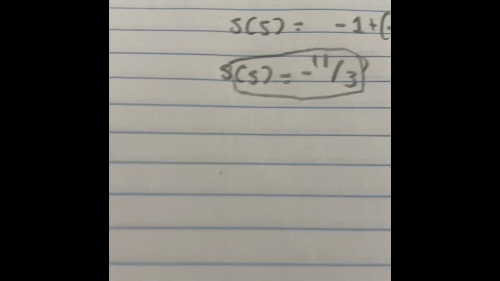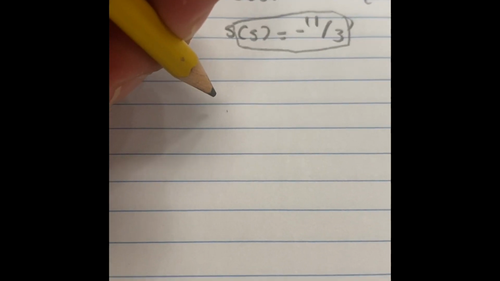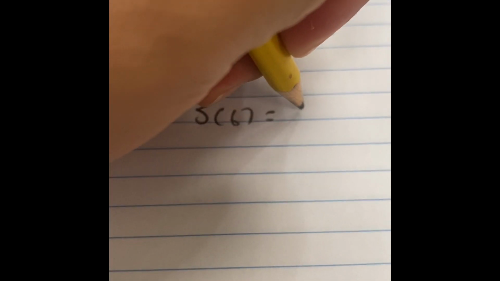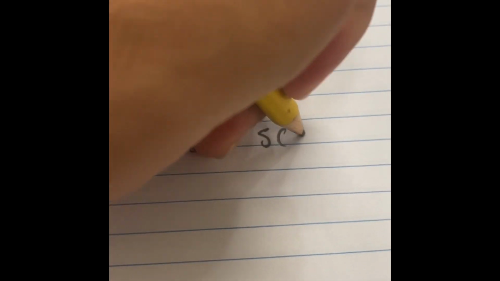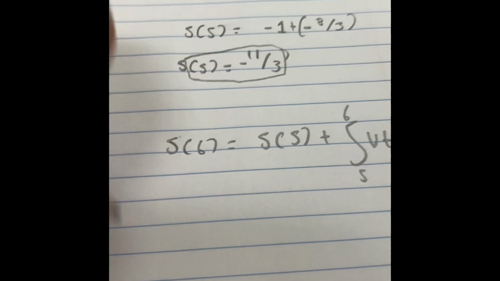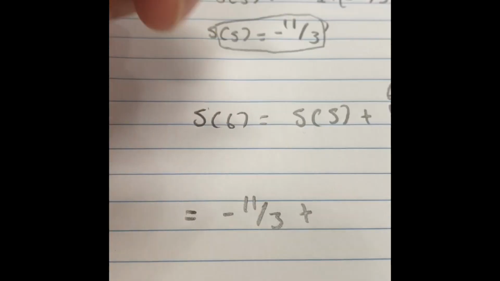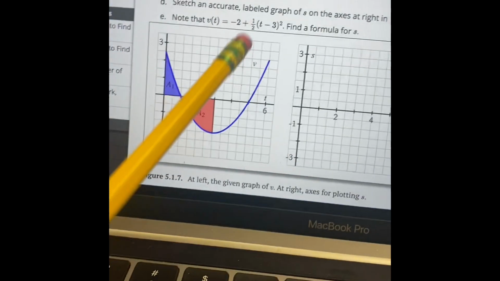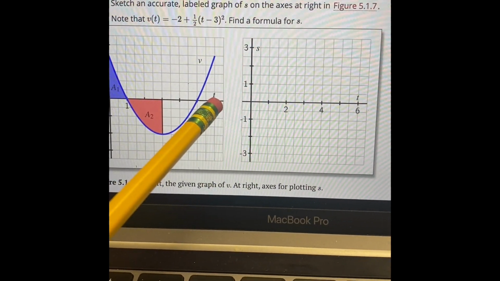And lastly, to calculate the value of s of 6, we take s of 5 plus the integral from 5 to 6 of v of t dt. We know that s of 5 is equal to -11/3 plus, we notice that here the area is the same value as a1, and it's positive because it's on the positive side.